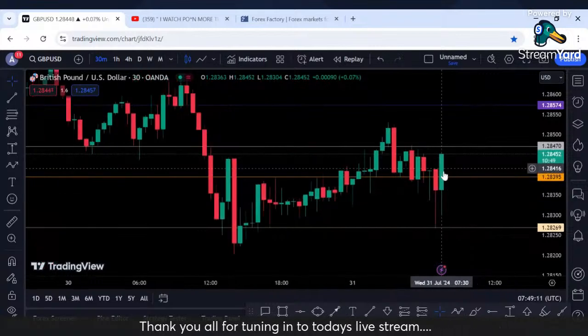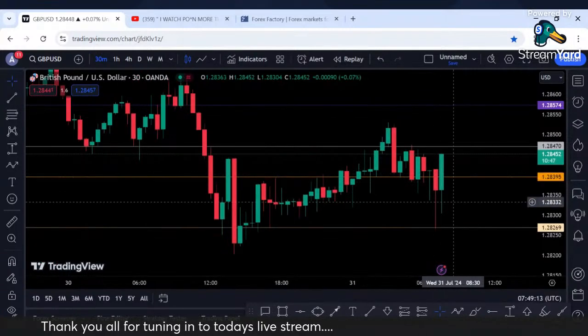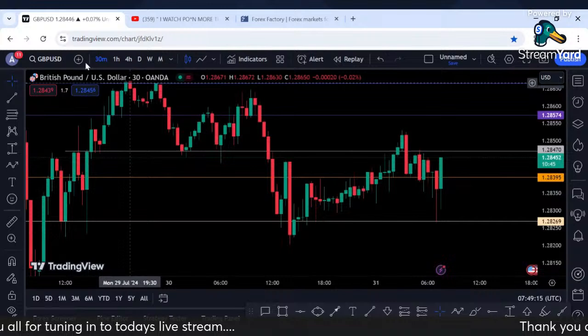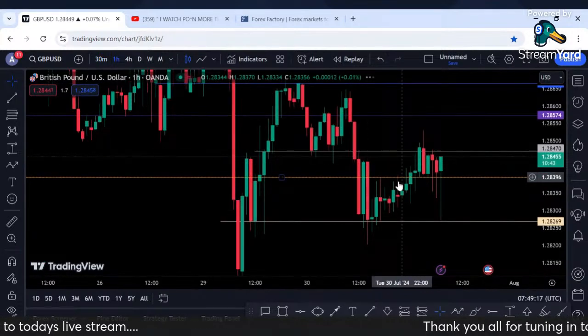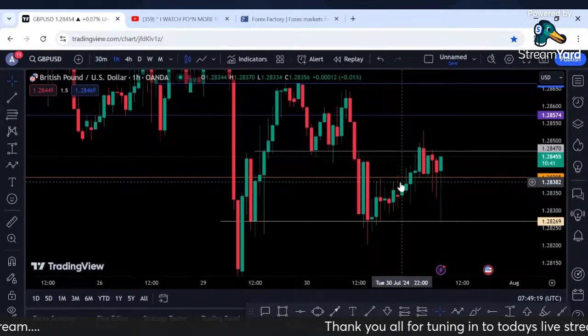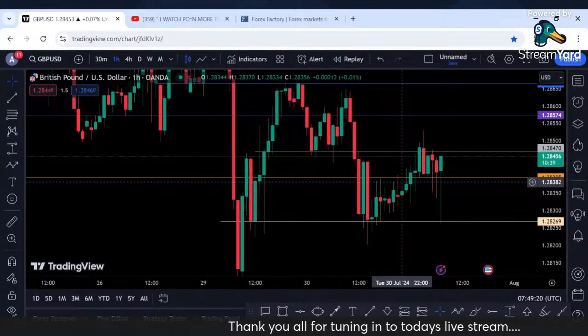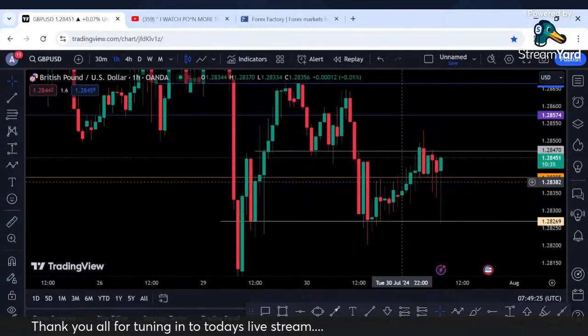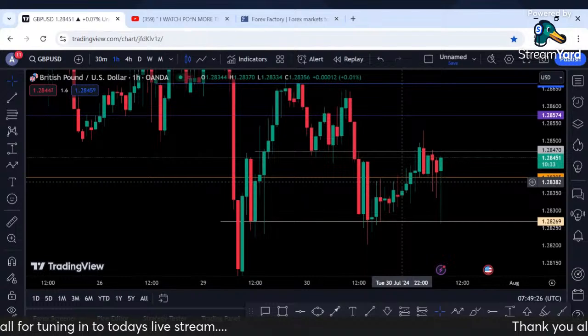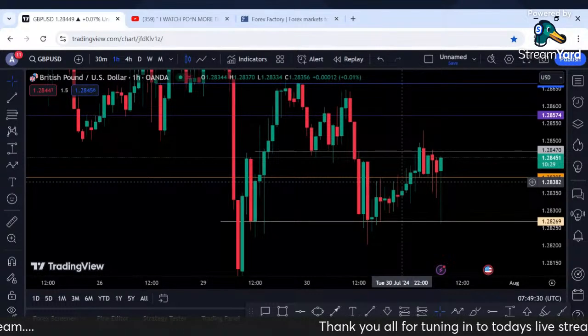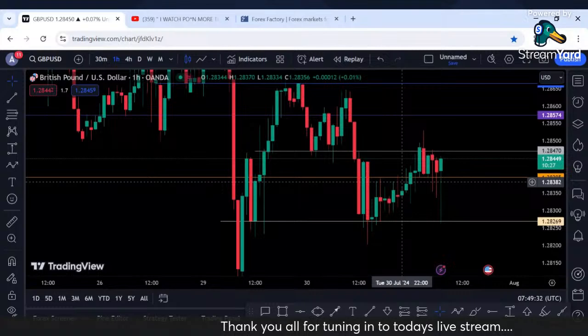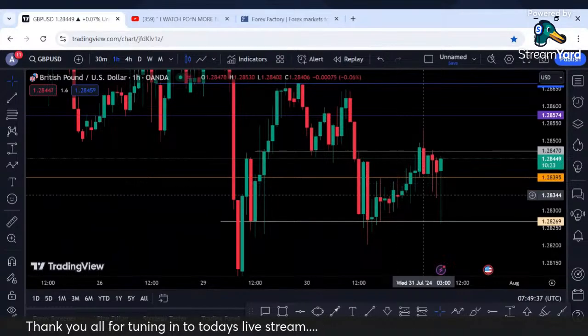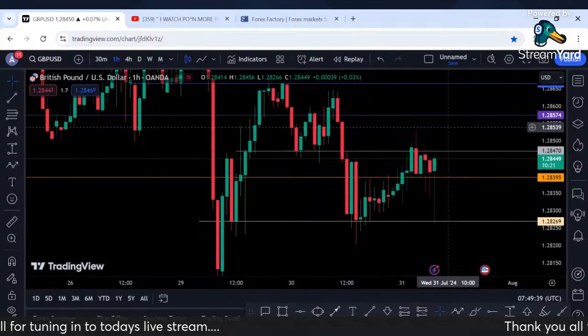So it has created the range. It has created a range exactly.